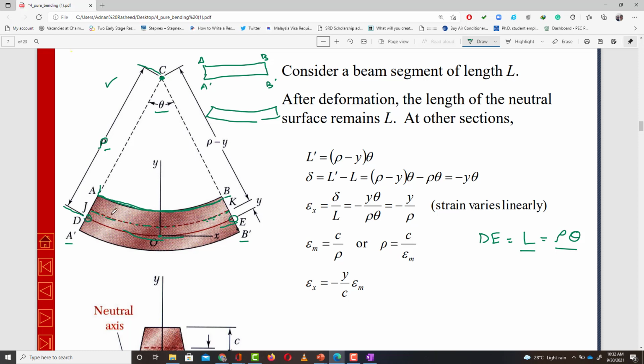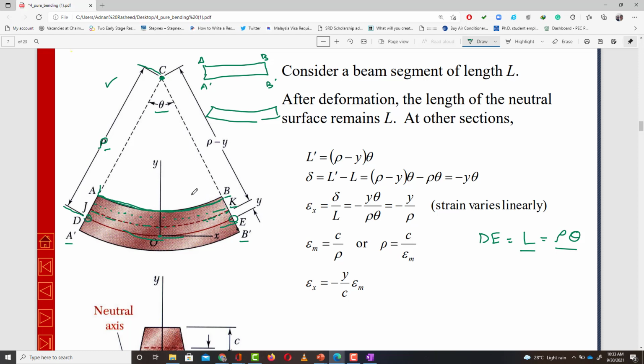On this axis the length will be decreasing, on this axis the length will be decreasing, and so on. The maximum decrease in length will be on the top portion, that is AB. Let JK be an imaginary axis where you want to find the strain.